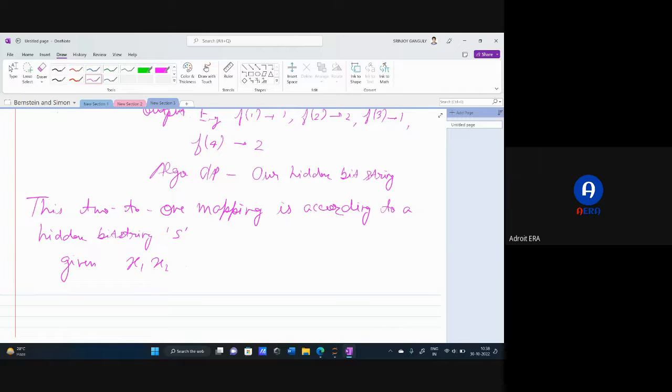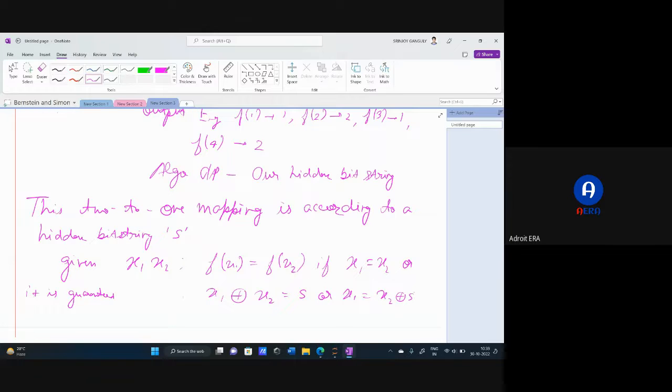Given x1 and x2, we have f of x1 is equal to f of x2 if x1 is equal to x2, or it is guaranteed that x1 XORed with x2 is equal to s, or x1 is equal to x2 XORed with s.